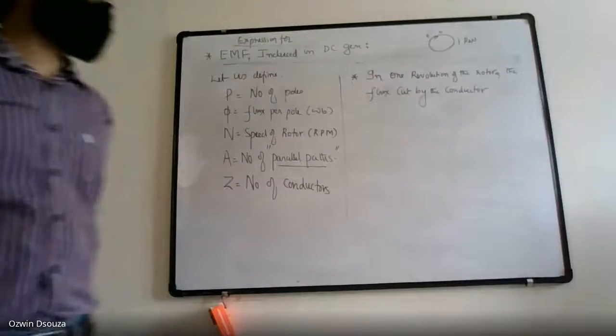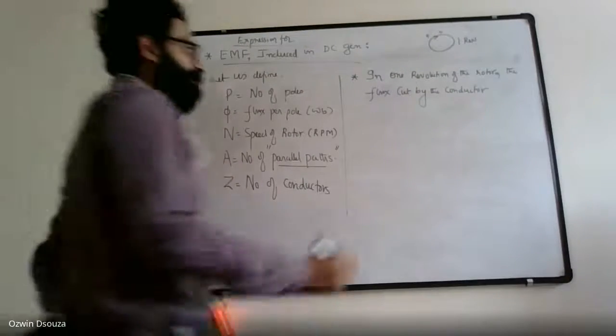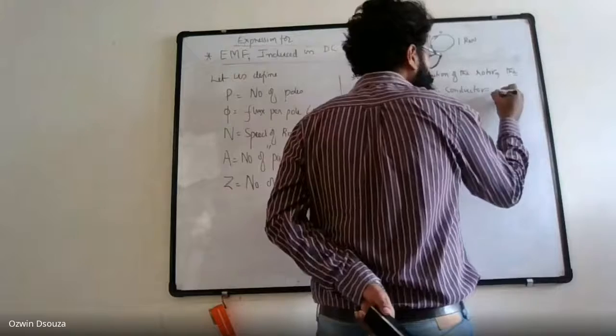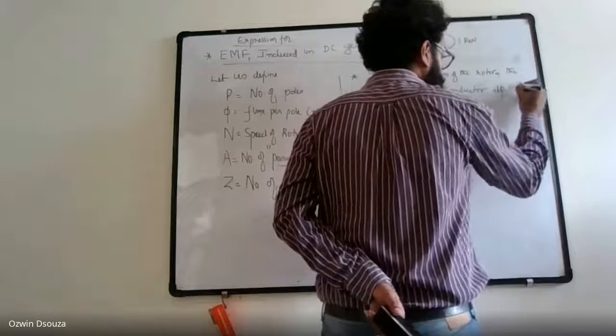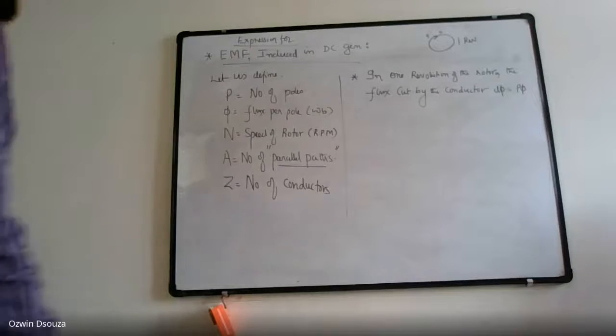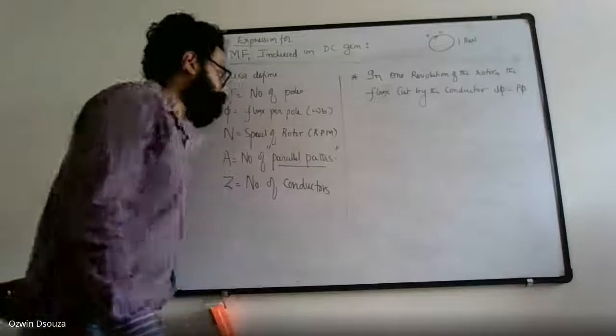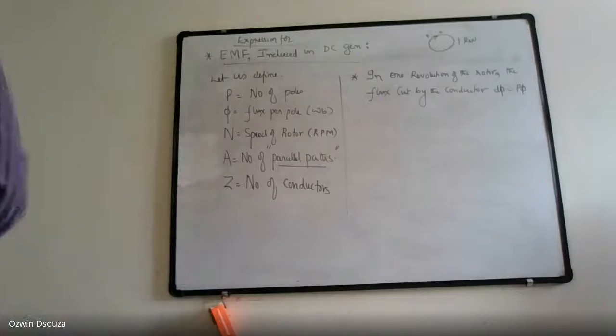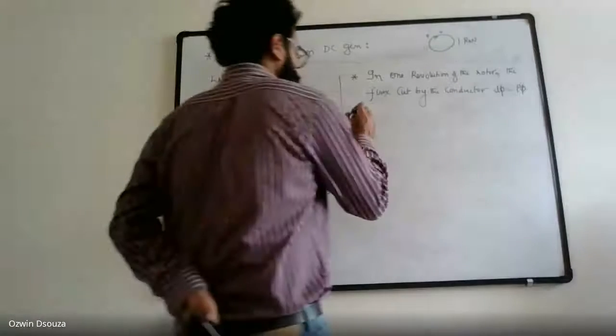In one revolution of the rotor, the flux cut by the conductor is taken as d phi. That's because total number of poles are P and flux per pole is equal to phi. So total flux cut by the conductors in one revolution is P into phi.